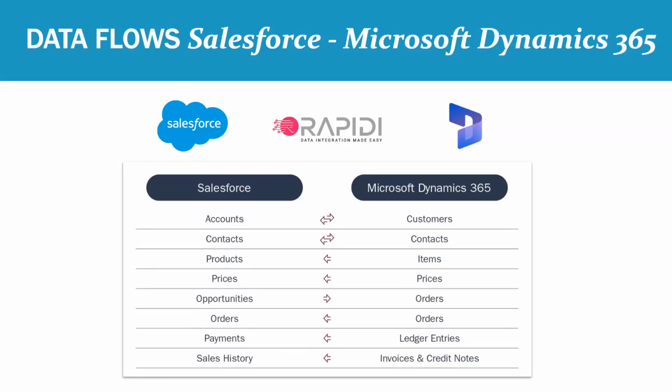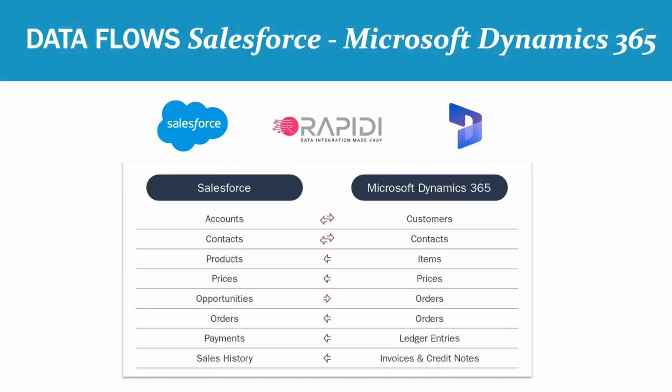Between Salesforce and the Microsoft Dynamics ERPs, there is a specific set of data that's being transferred. First, we have accounts. Accounts and customers can be transferred back and forth and can also be updated. So if you decide to transfer the customer data from your ERP to Salesforce, you can do that, and then the other way around. And also updates.